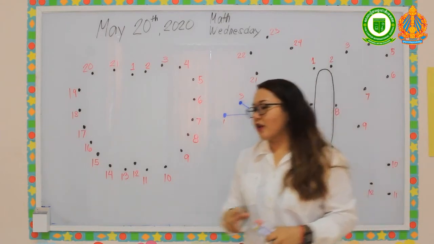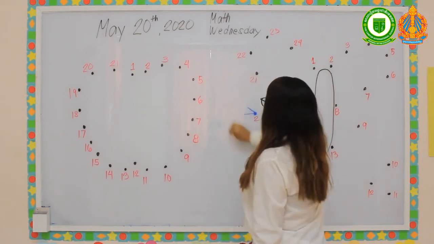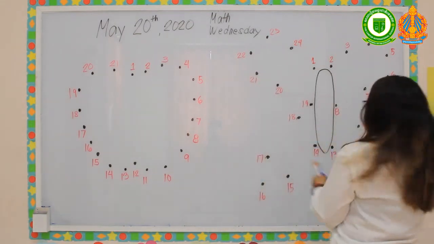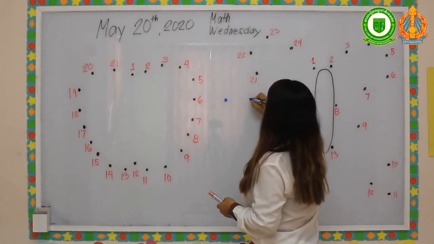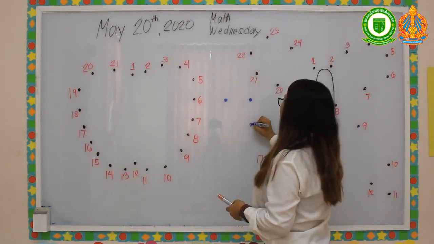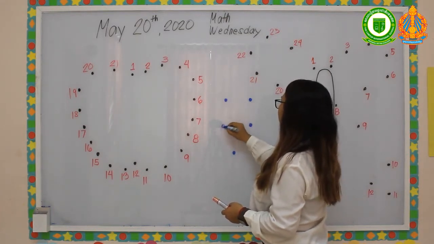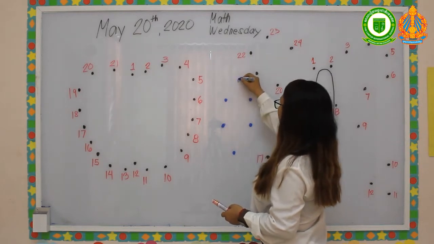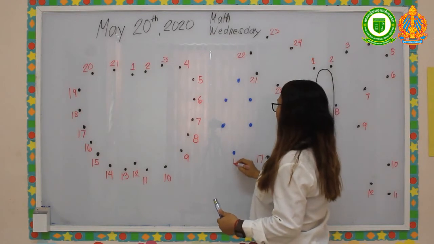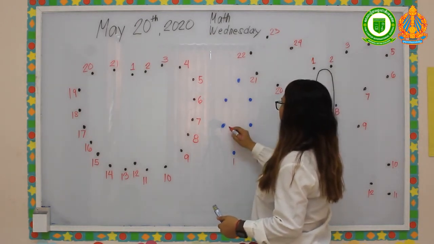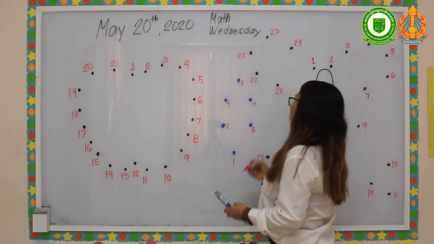Again, I'll give you one more example. Okay, so for example, this is number 1, number 2, number 3, number 4, number 5, number 6.